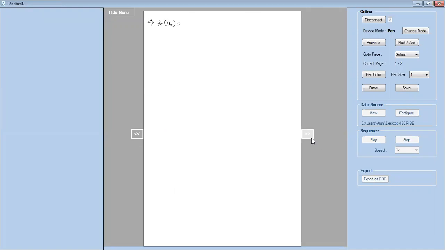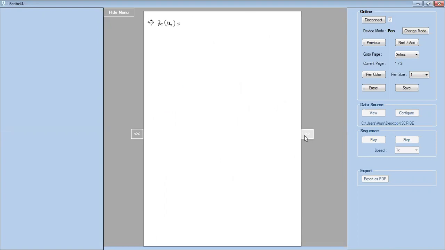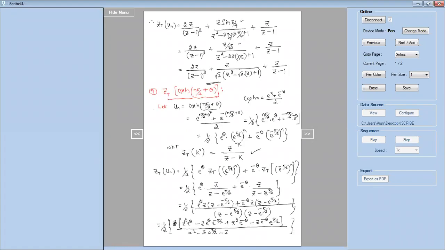Oh, sorry. Just a minute. So from Z square common, e power theta plus e power minus theta, then minus Z common e power pi by 2 minus theta. Right, by sending to the next page, oh, it is writing here.